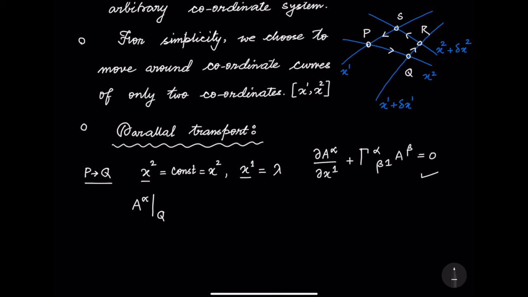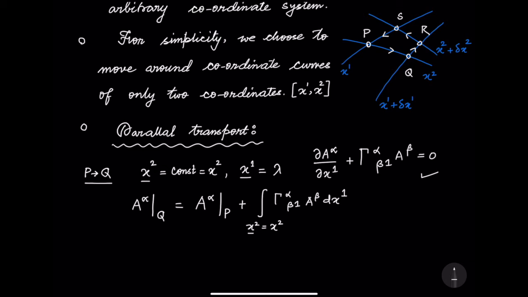So I can do the integration, and this will be equal to A alpha value at P plus the integration, keeping the x2 coordinate as x2, and the integration is over dx1.